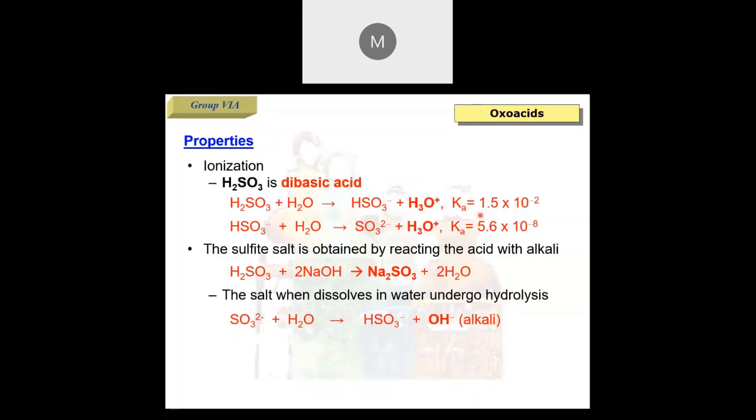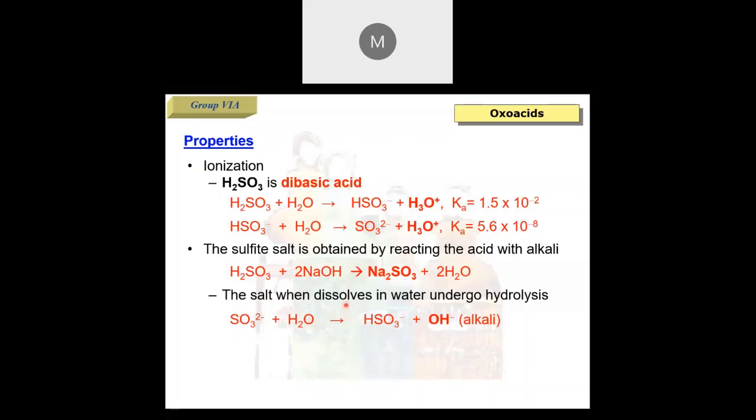We see the Ka value for the first deprotonation, the ionization, is a higher Ka value, a higher acid ionization constant. So it's much stronger as compared to the second deprotonation. The sulfite salt is obtained by reacting the acid with alkali. So it's like an acid and base reaction, and it forms a salt.